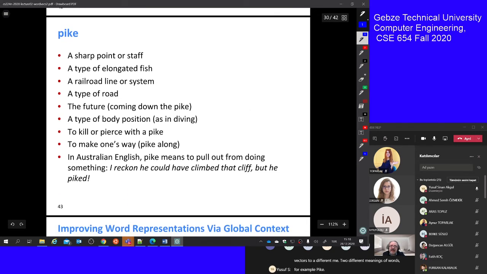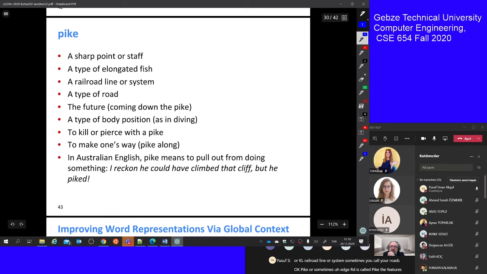Pike has a sharp point or staff. It's called a pike. A type of elongated fish. There is a fish named pike. A railroad line or system. Sometimes you call your roads a pike, or sometimes a railroad is called pike. The feature, sometimes it's called pike. A type of body position such as diving, etc. So 1, 2, 3, 4, 5, 6, 7, 8, 9 different meanings for pike.